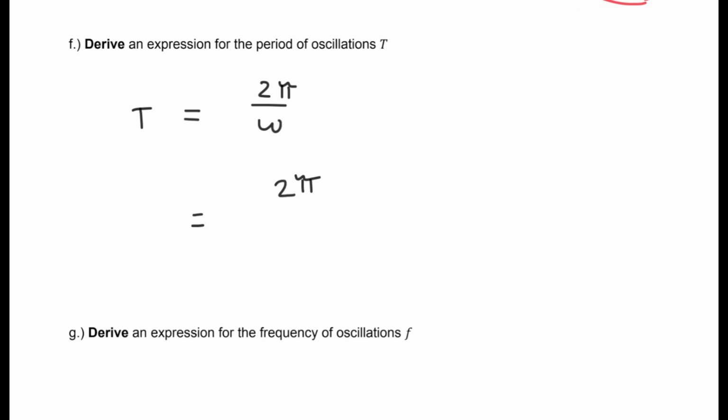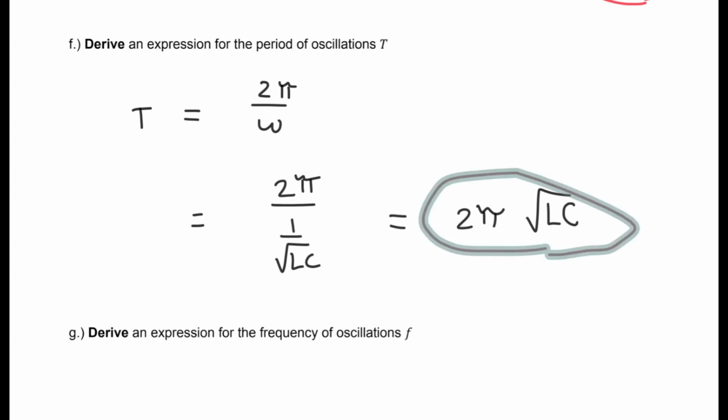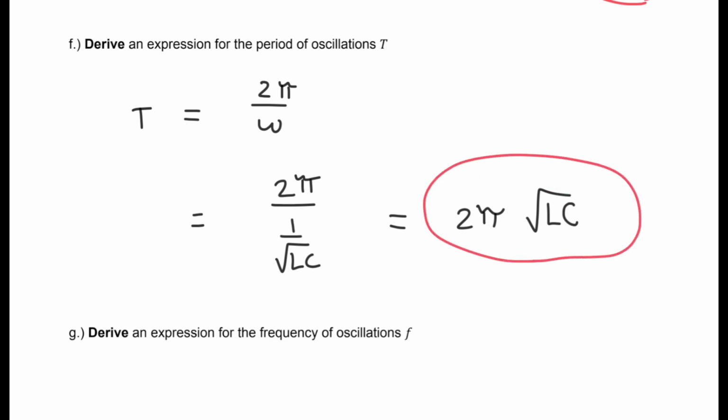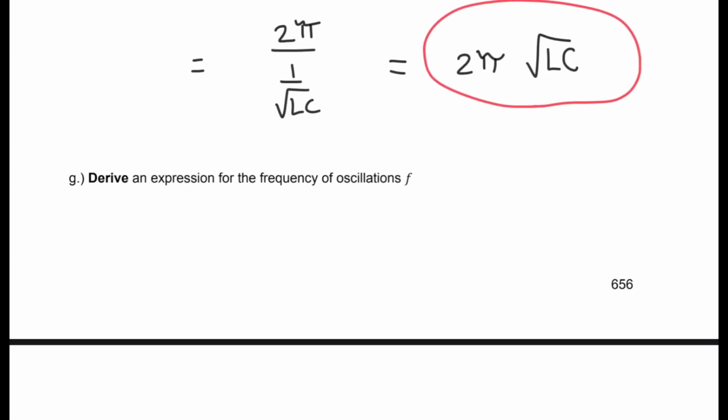So we get 2 pi divided by omega, which was 1 over square root LC. So the fraction gets flipped, and we get 2 pi square root LC. So this says to complete a cycle in this LC oscillation, it takes 2 pi times square root LC seconds.